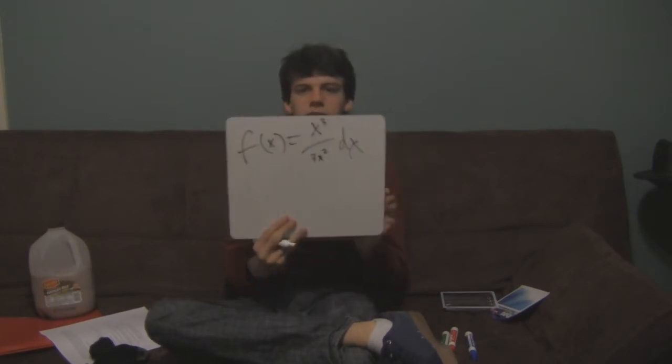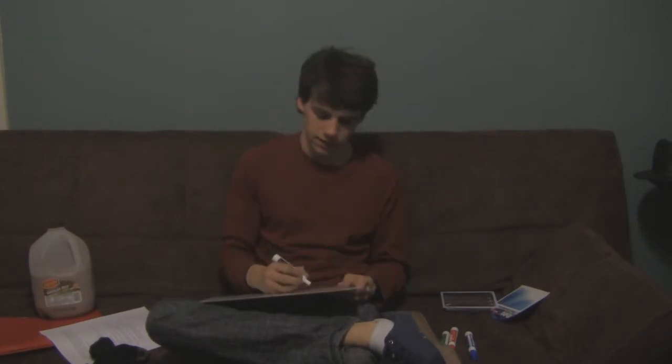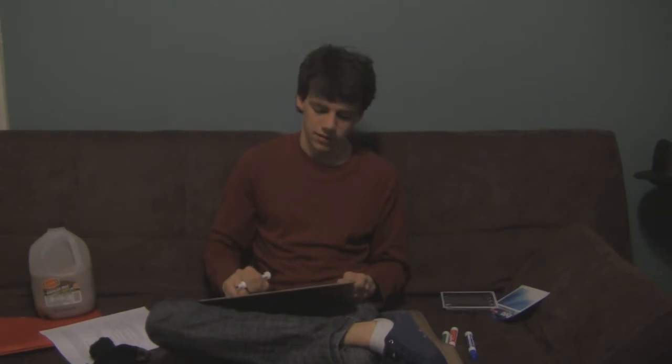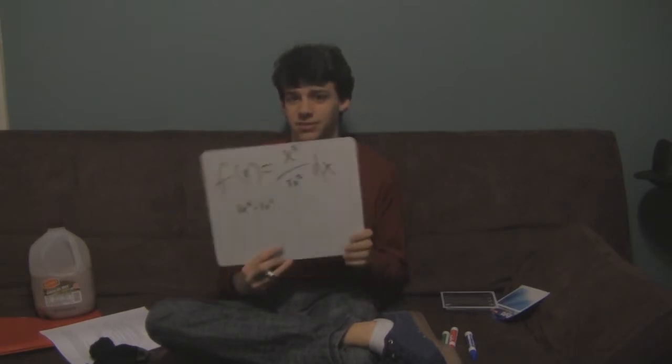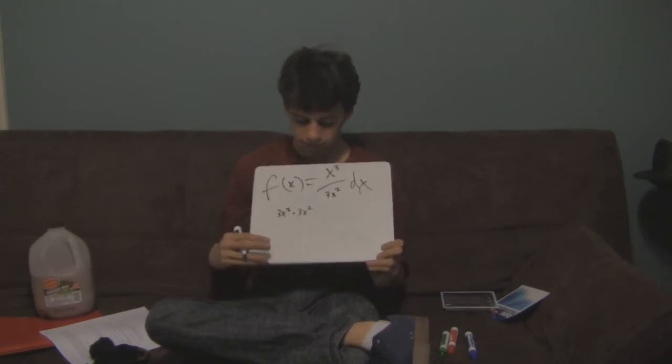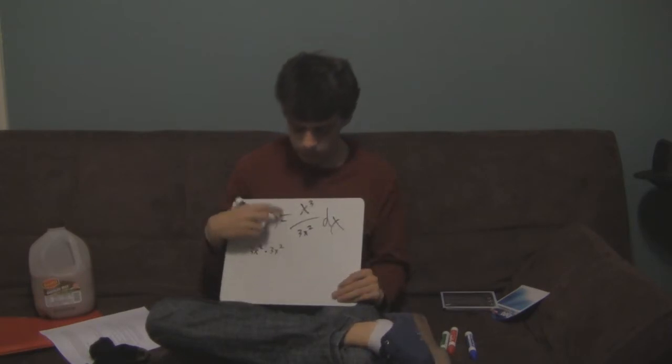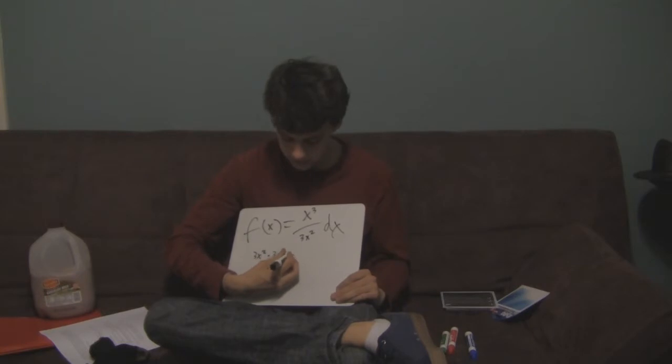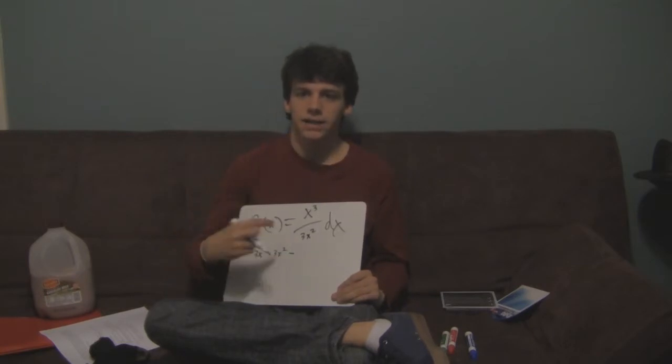So in this case you have 3x squared times 3x squared's... times the derivative of x cubed, 3x squared. So you have low D high, and then you minus it from high D low, which means high times the derivative of low.